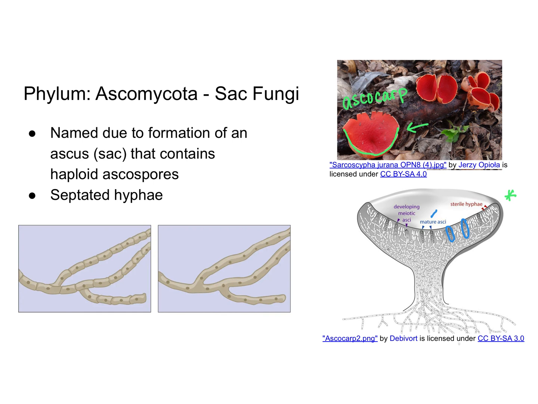So you can see that it's pointing to multiple mature asci here. And inside each one of these asci, you can see these smaller little structures, these little circles here. And these are the ascospores.